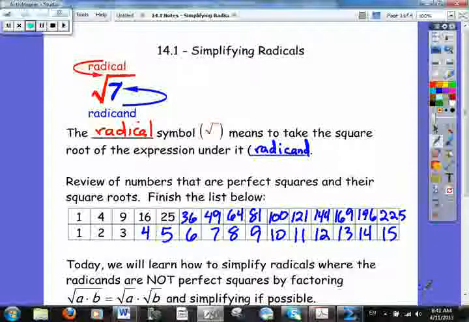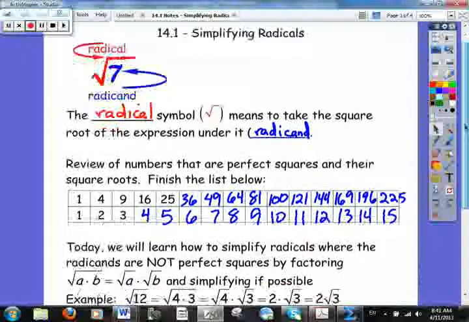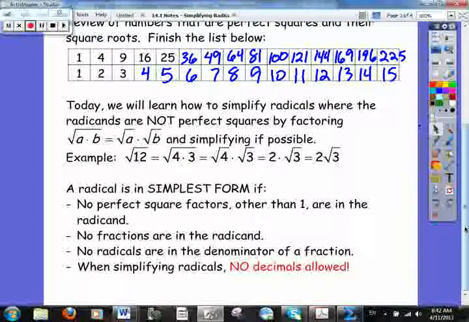But what we're going to talk about today is about radicals where the radicand is not a perfect square. Okay, and we're going to factor it into two factors. Notice I can split those two factors into two separate radicals. So for example here, the square root of 12, that is not a perfect square, but it has a factor of 4 and a factor of 3.